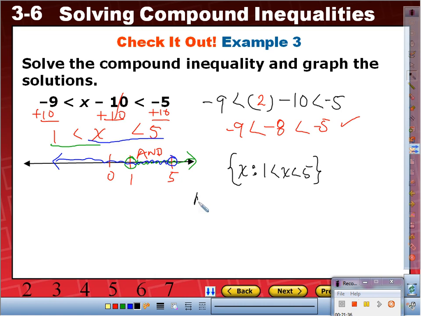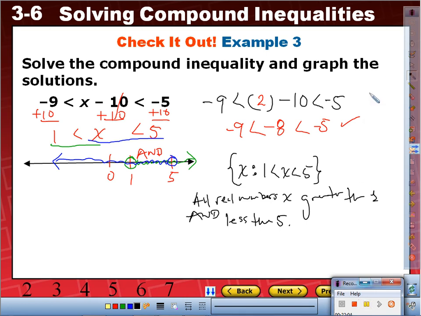It means all real numbers x greater than 1 and less than 5. Hands if you got that by yourself. Okay? All right?